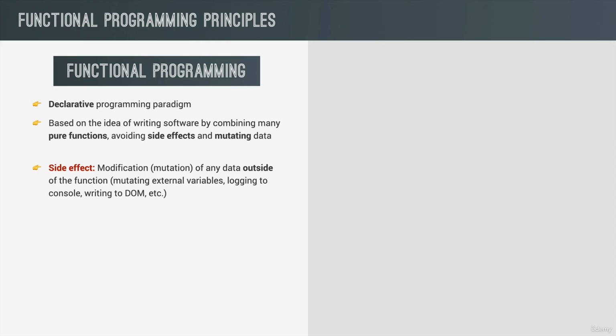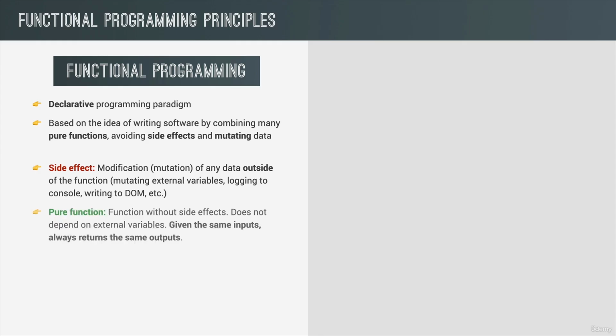So, for example, mutating any variable that is external to the function is causing a side effect. So, basically, any variable that is outside of the scope of the function. All right? Now, data does not only refer to variables. So, for example, logging stuff to the console or also changing something in the DOM is also causing side effects.